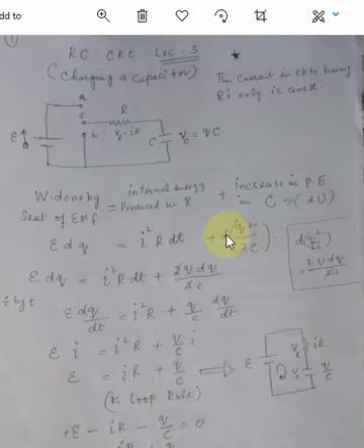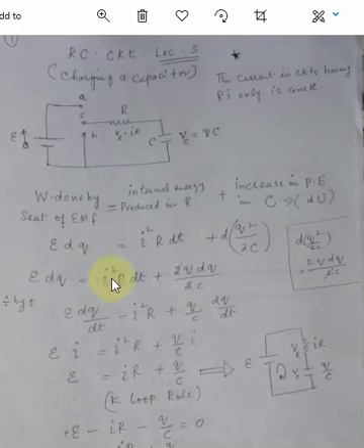So the change in Q squared over 2C will be obtained by differentiating this term. It will be equal to 2Q dQ divided by 2C. So replacing this differential term by its value 2Q dQ divided by 2C, we get this equation.